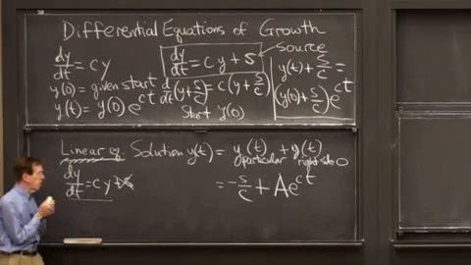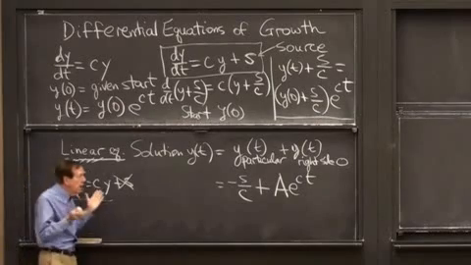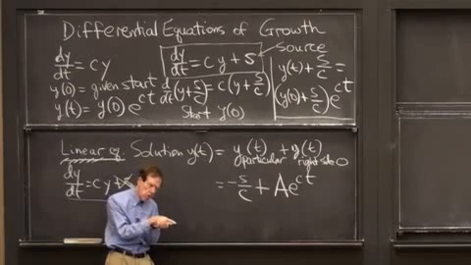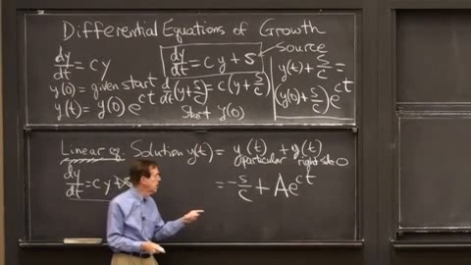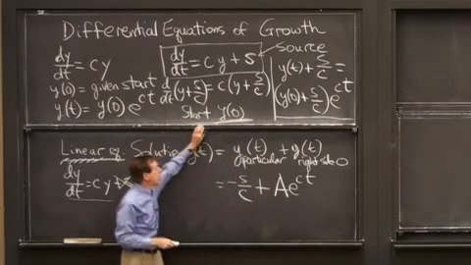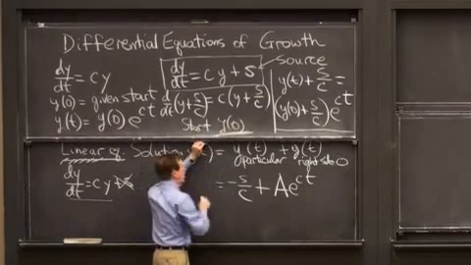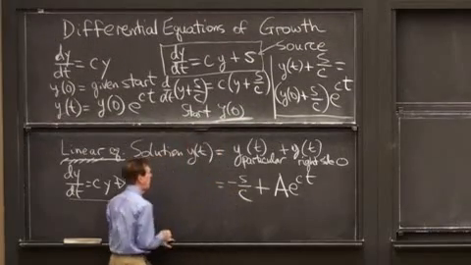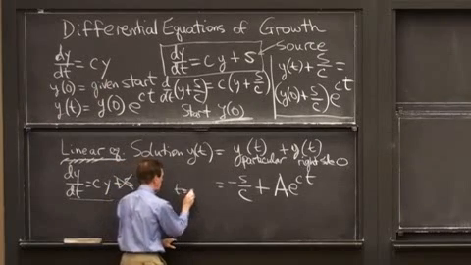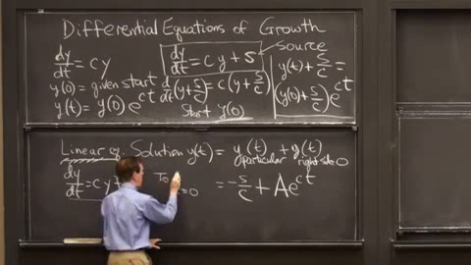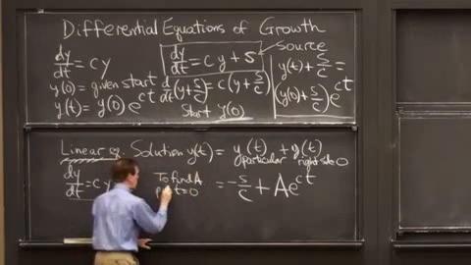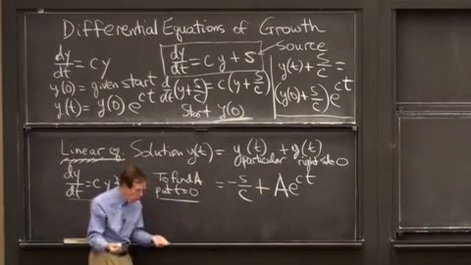I could multiply the equation by a. So a is arbitrary, any number. But of course, I'm going to find out what it is by starting at the right place. By starting at y of 0, I'll find out by setting t equals 0. So put t equals 0 to find a, because we know where we started.